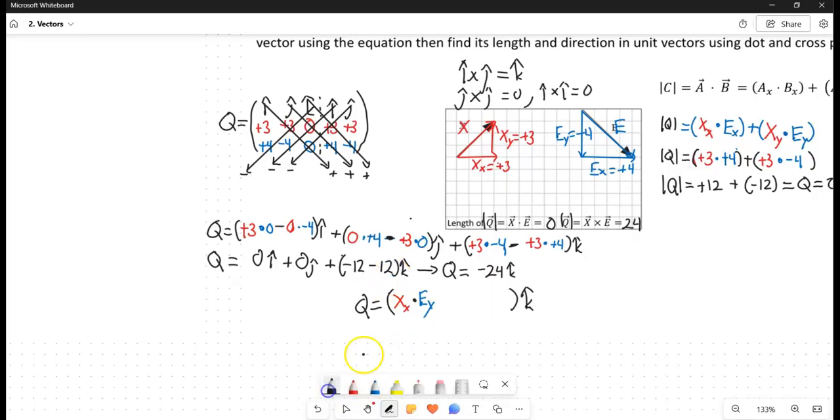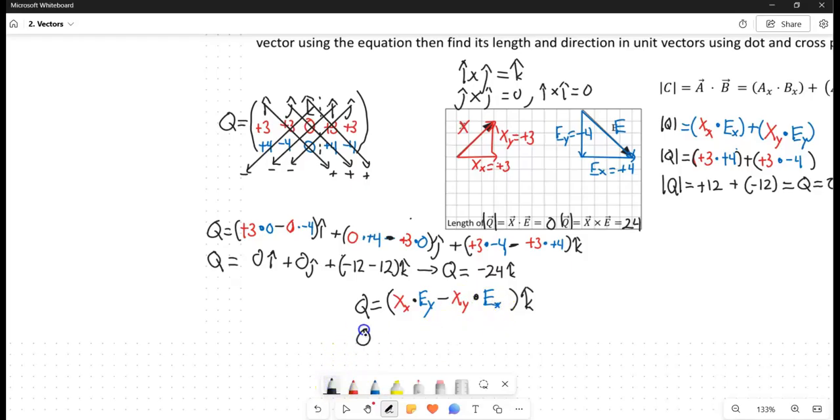And we could have easily started with the E X over here, and I could show that to you in a second. Now what we're going to do is the X direction of the Y times the Y direction of the X vector, and we're going to multiply that by the X direction of the E vector.